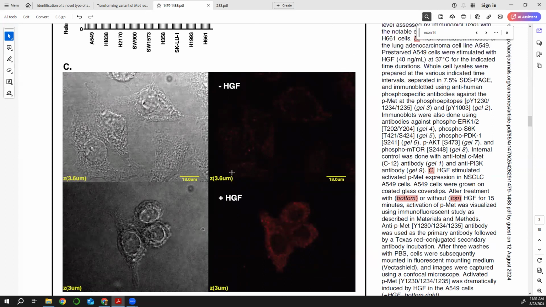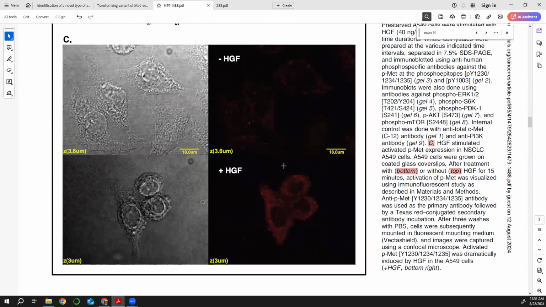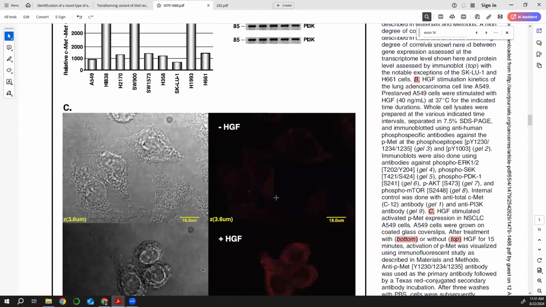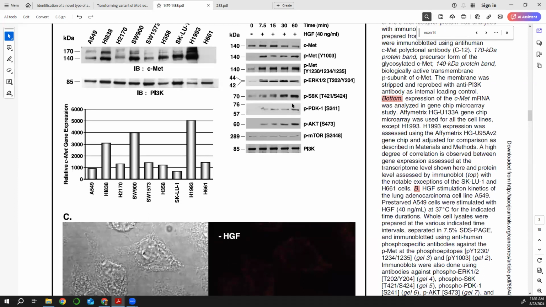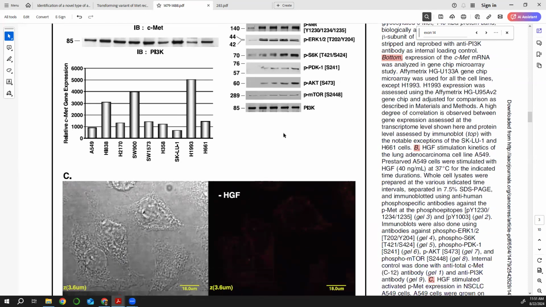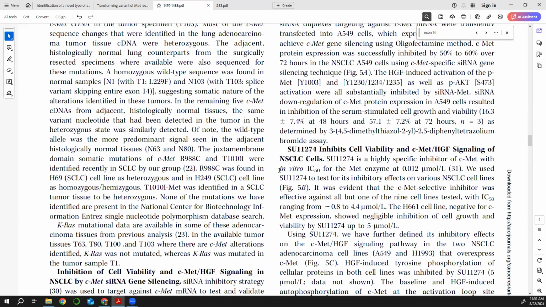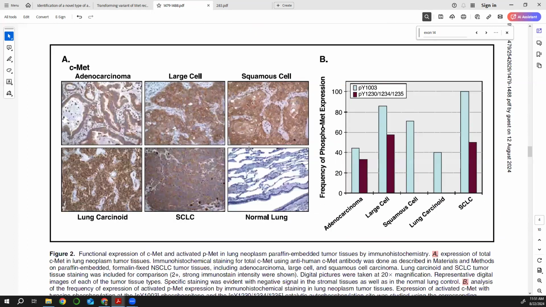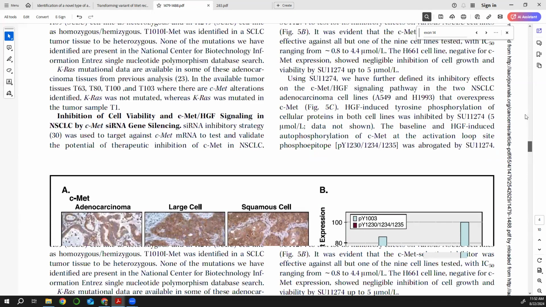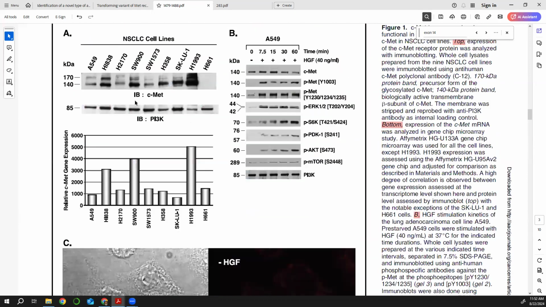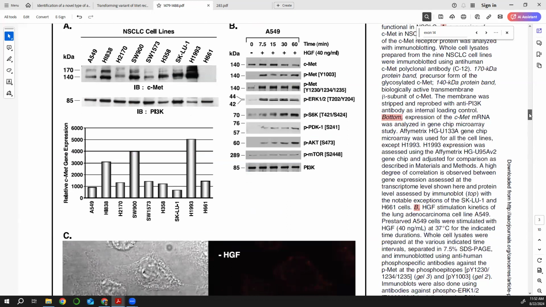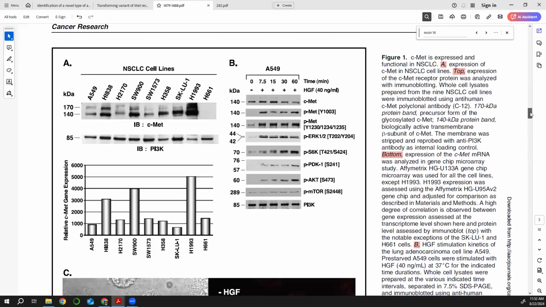Okay, so this is a really nice cellular correlate of what is being seen here at the level of protein immunoblot. Okay, so that's figure one. Again, nothing extraordinary here except that MET seems to be an important protein that is expressed in various lung cancer cell lines.